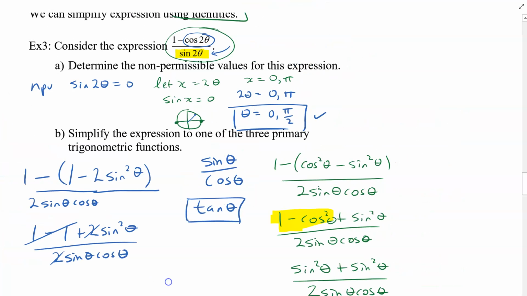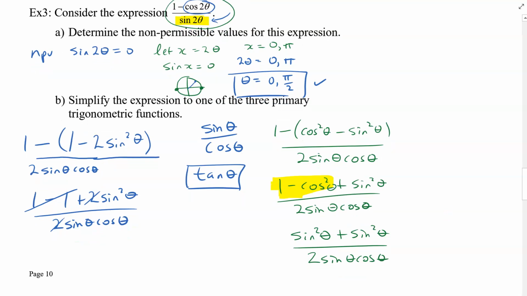And I think you might be able to see where we're going from here, because when I combine those two terms in the numerator, I'm going to get 2 sine squared theta all over 2 sine theta cos theta. And then that's the same place that we were over there after we canceled the 1 minus 1.